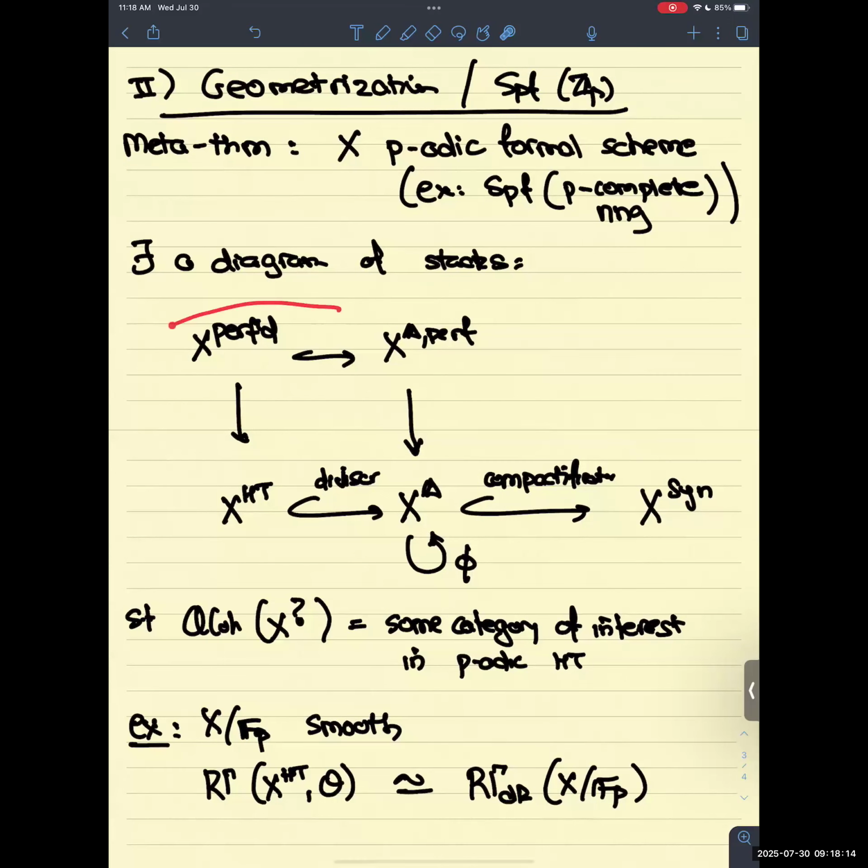The plan for the talk today is to concentrate on this part of the picture, on the top line, which is essentially coming from the theory of perfectoid spaces. And then tomorrow I will be talking about this part, the prismatization. So it's a generalization of the perfectoid theory. This compactification will unfortunately not show up very much in my talk.